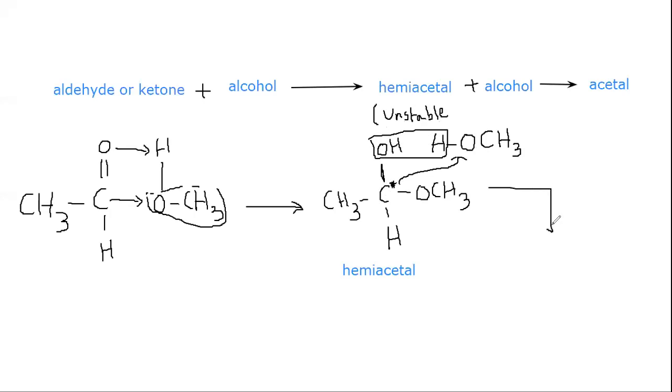So once the water leaves, what you get is this CH3. You can see that carbon is picking up that other OCH3 because this hydrogen is leaving with this OH as water.